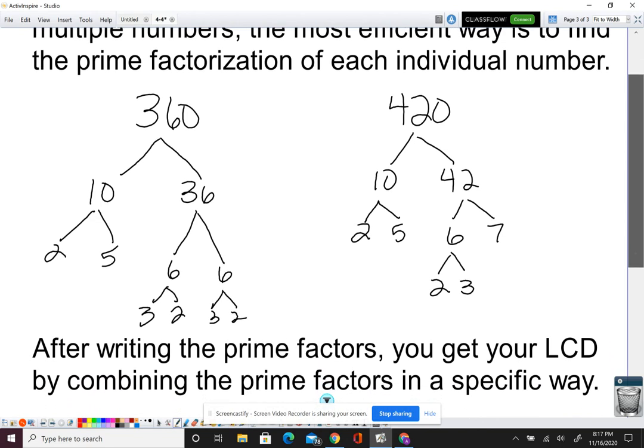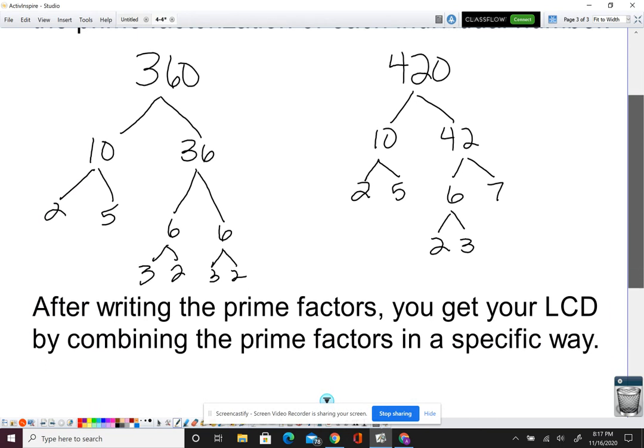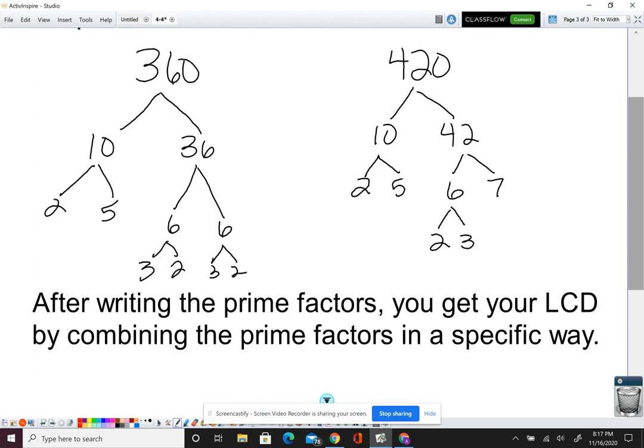So once you have your numbers in their prime factorization, we are going to write it in terms of powers. So 360 is equal to 2. How many 2s do we have? 1, 2, 3. 2 to the third times, we have two 3s here, so 3 to the second, and we have one 5.